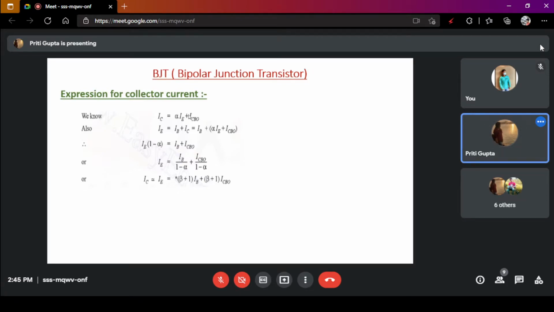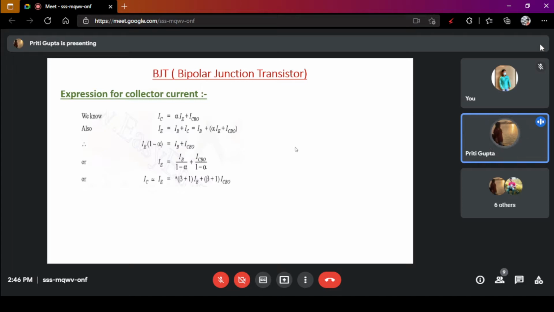Simple. Write down this equation. If you are not able to understand this step, how we are getting IB divided by 1 minus alpha directly in this form, beta plus 1 into IB, just write down beta equals alpha divided by 1 minus alpha.